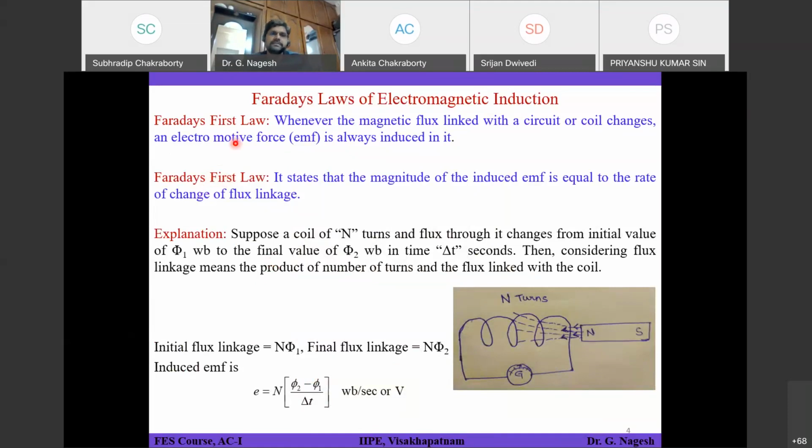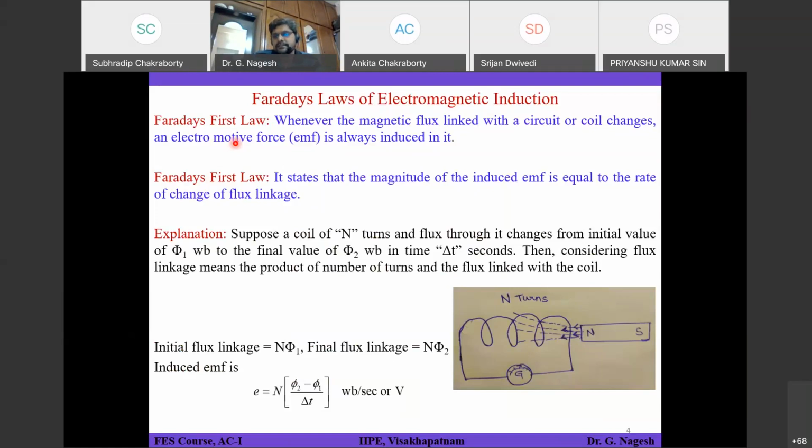Faraday's first law states that whenever the magnetic flux linking with a circuit or coil changes, an EMF is always induced in it. What does it mean? Some flux is produced, and this flux is linking or cutting some other coil or circuit, and it is varying with respect to time.